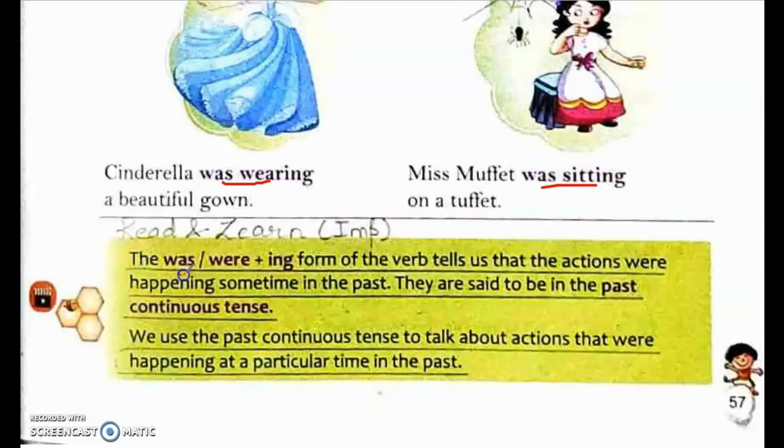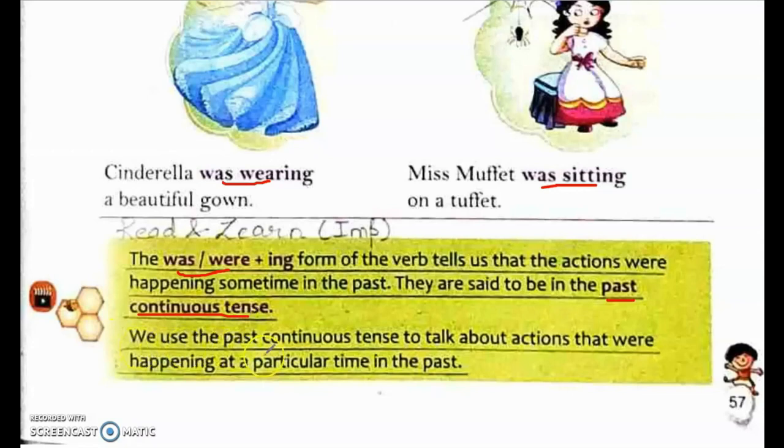The was or were plus ing form of the verb tells us that the actions were happening sometime in the past. They are said to be in the past continuous tense.